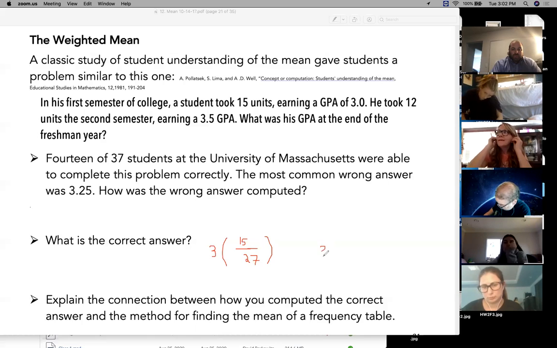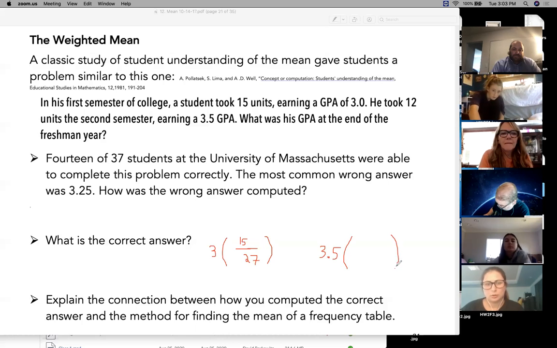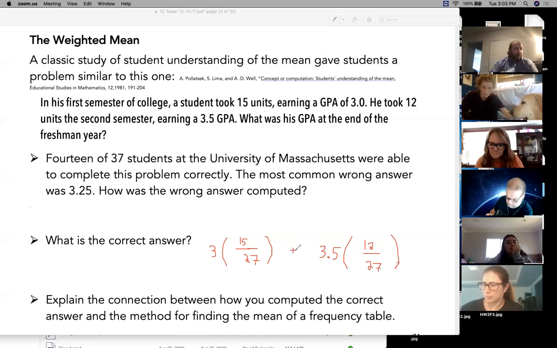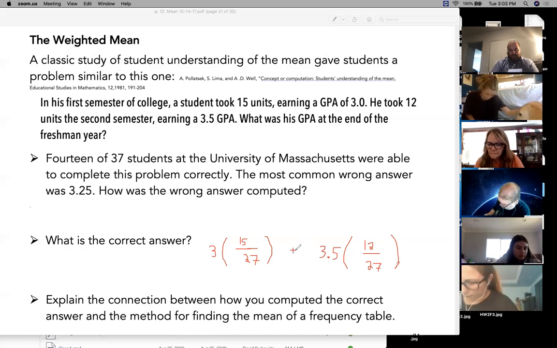And the other score was a 3.5. What am I going to multiply that by? 12 over 27. And then I'm going to add them. So let's do that on a calculator because it's easier. So my answer is 3.2 repeating.